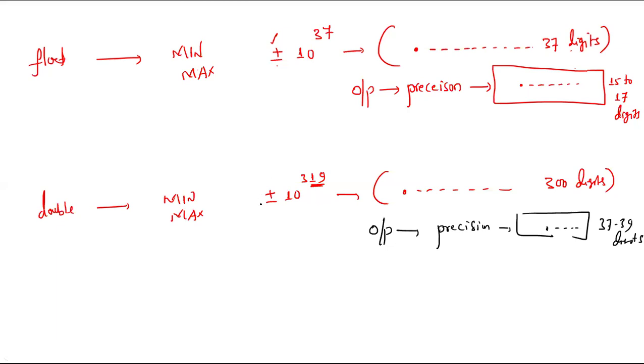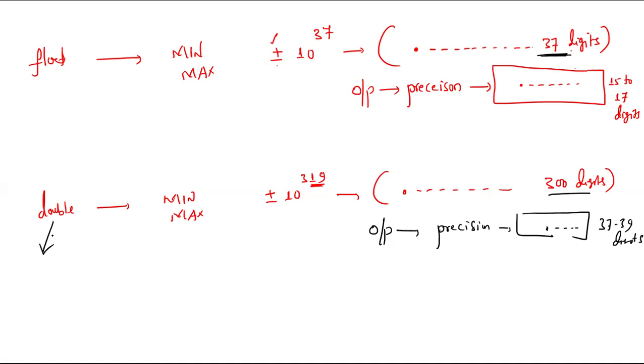And there is one more point. Do we use 37 digit values anywhere in real life? No. Then why have Java people supported float and double, where we can store some 30 digits or 300 digits? What could be the reason for a data type called double which stores 300 digits? Exactly.